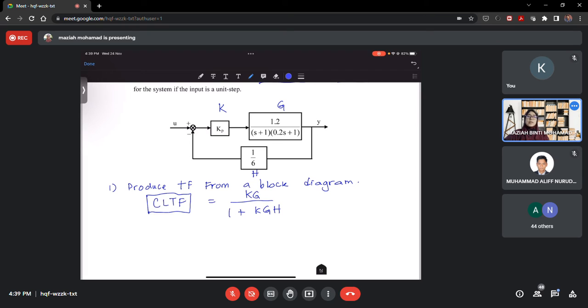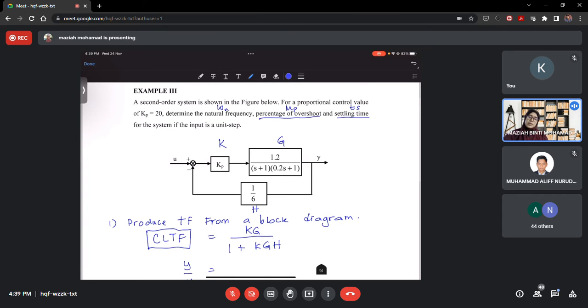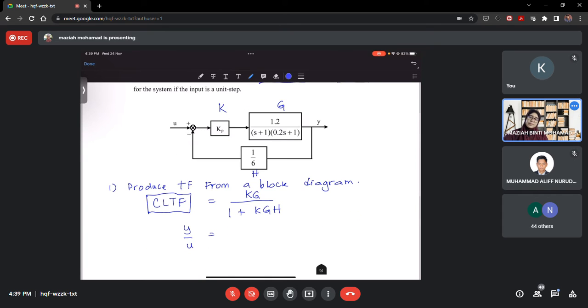Please solve for the closed loop transfer function and tell me. Consider that K is equal to 20. This is 20 here.